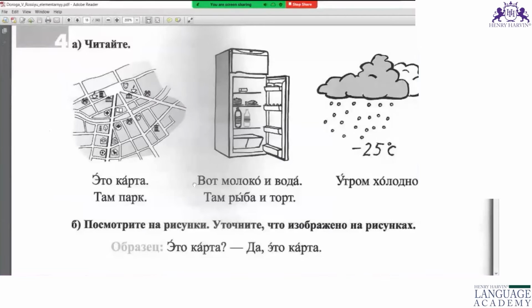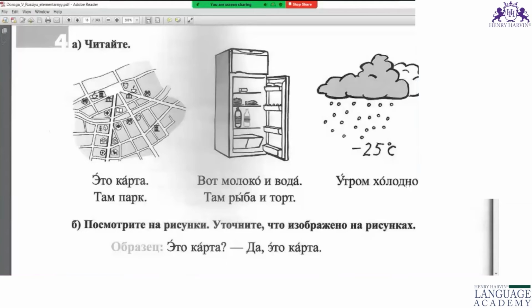Вот молоко и вода, там рыба и торт. So here is the fridge. The fridge is холодильник. And there, там рыба и торт. What is рыба and торт? Check your vocabulary list. Yes, fish and cake.